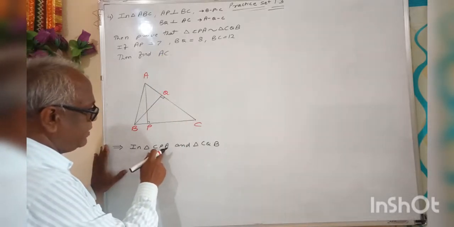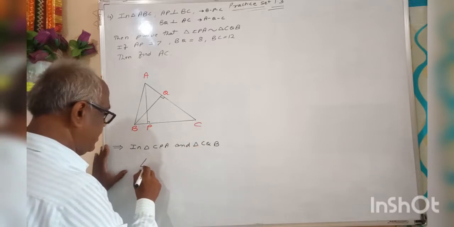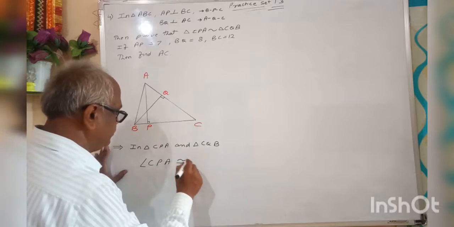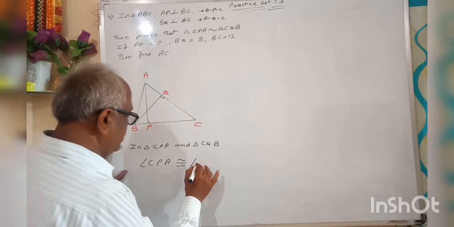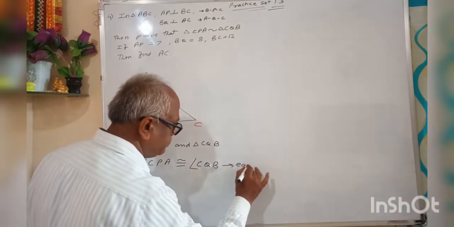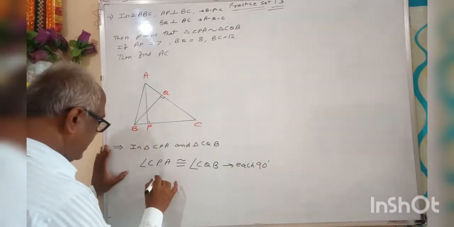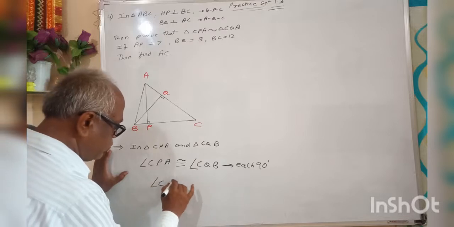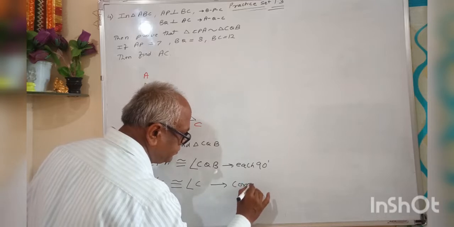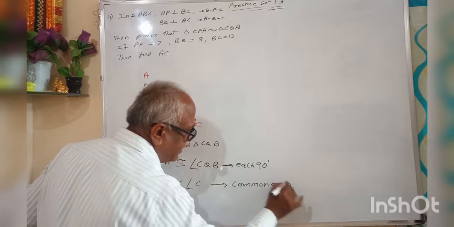First we will show that the two triangles are similar. In triangle CPA and triangle CQB, here angle CPA is congruent to angle CQB, that is each 90 degree, and angle C is congruent to angle C, that is a common angle for both the triangles.